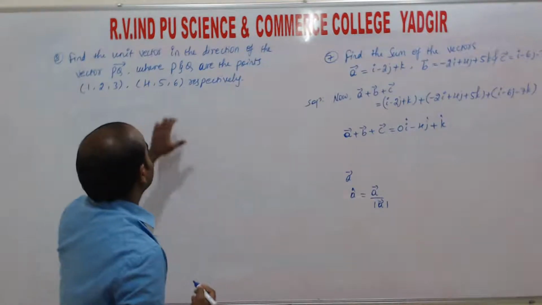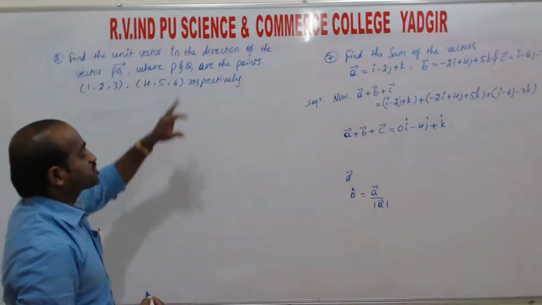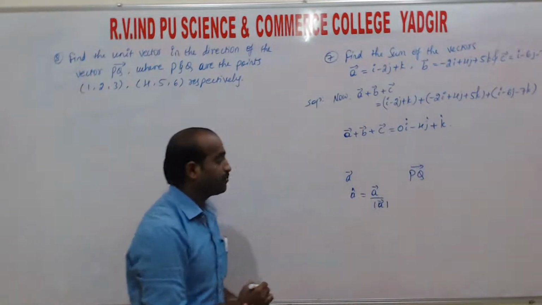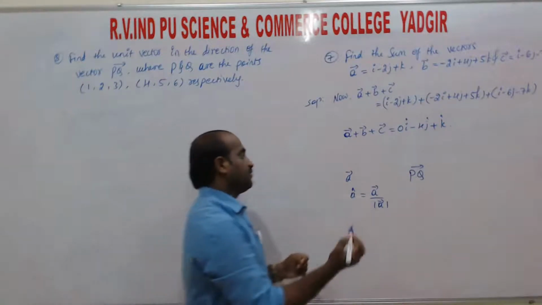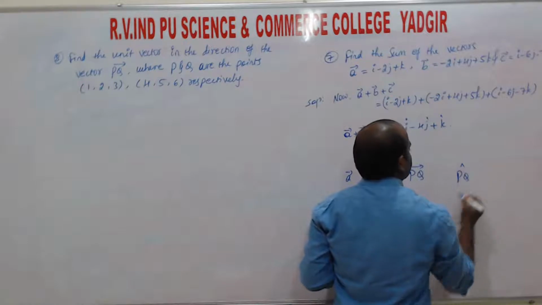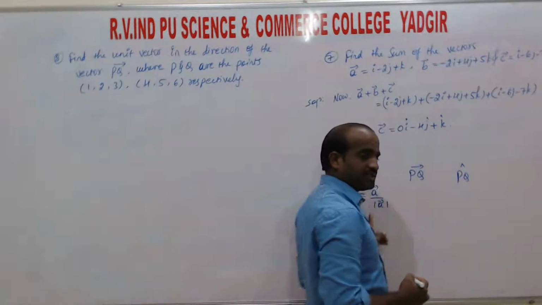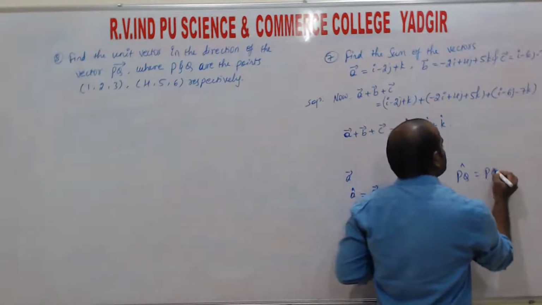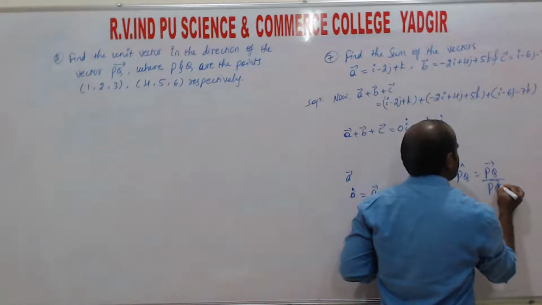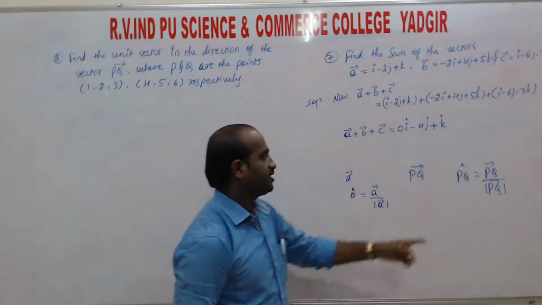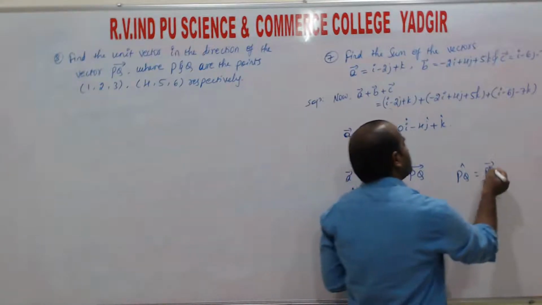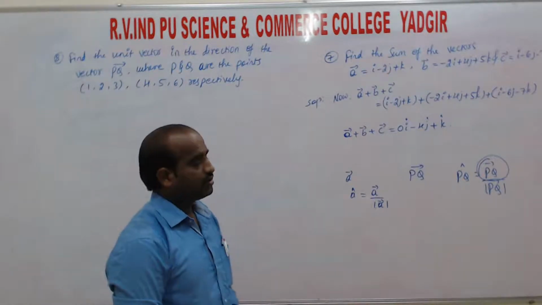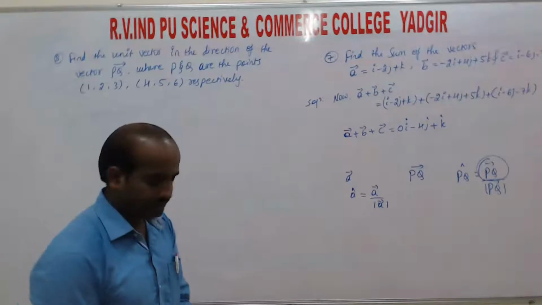In this question, the unit vector in the direction of the vector PQ, where P and Q are given points, is PQ cap, which is PQ vector divided by magnitude of PQ vector. First we have to find the PQ vector joining the 2 points: OQ minus OP.